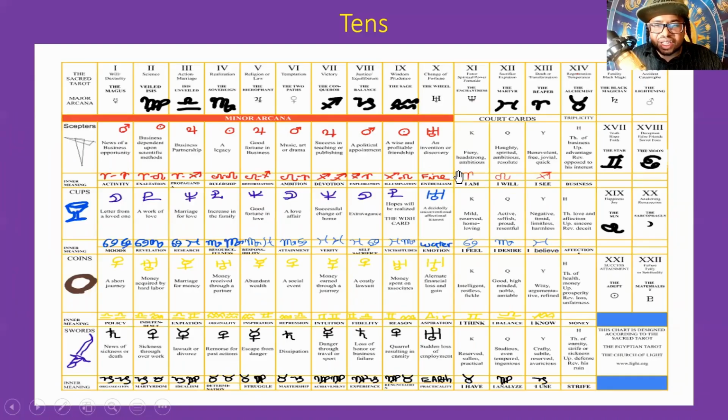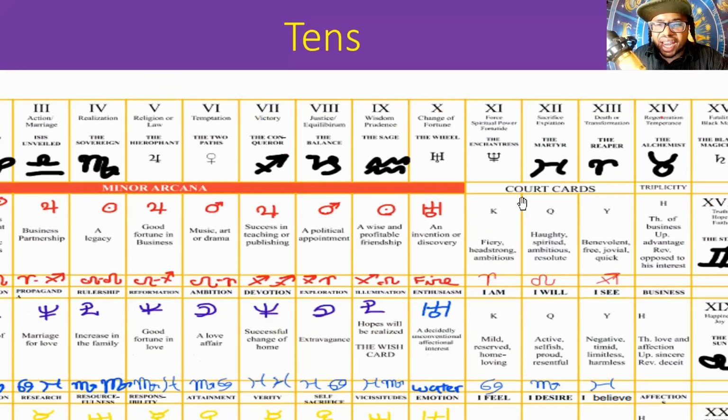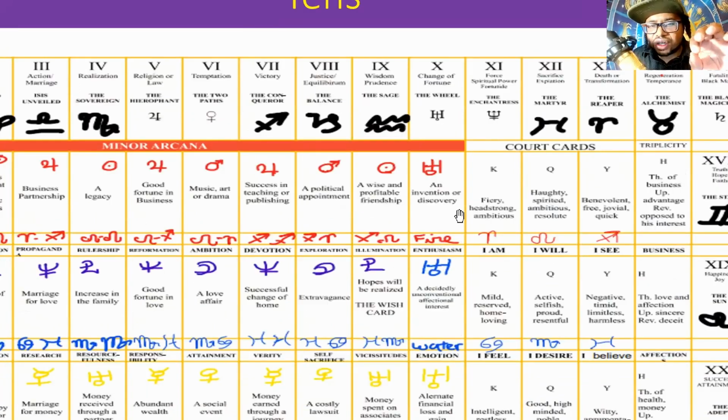the 10th card in the major arcana is the wheel. And what it says is change of fortune. But the astrological correspondence of that is Uranus. And when you learn the astrology, the thing that you learn about Uranus is sudden.